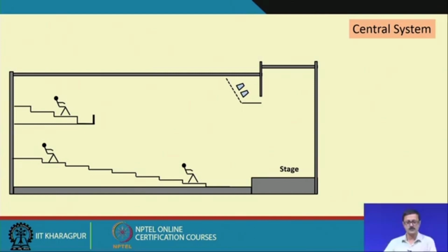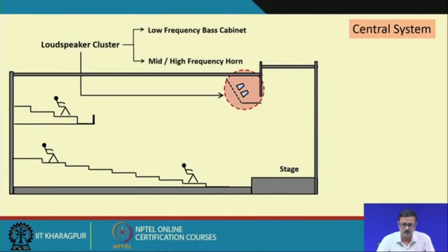So, this particular PPT slide gives you a cross section figure of an auditorium, and I am talking about the central systems now, where you see a loudspeaker cluster is actually placed at the top, just above the stage.